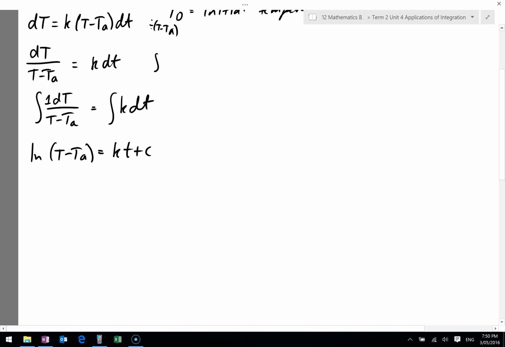From here I can convert this into a log statement, so correction, an index statement. Natural log means log of base e, so I know that T minus TA will be e to the power kt plus c.